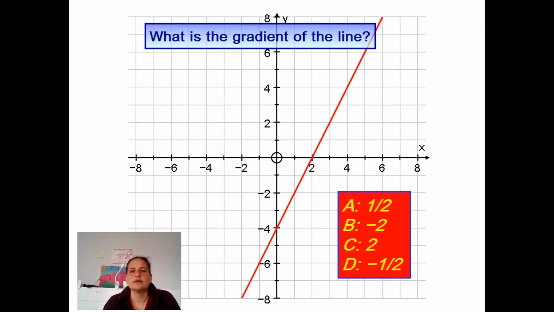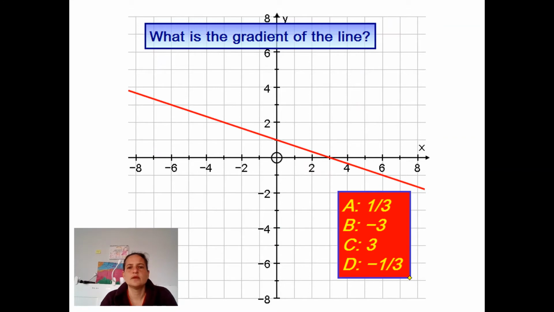So here we know that this gradient is 2. Option C. Now this is a negative gradient because as we move from left to right, we're going downhill, or you can think of it as x is increasing, y is decreasing.